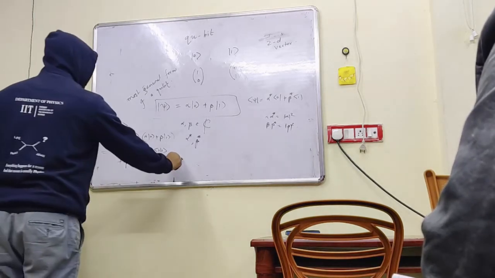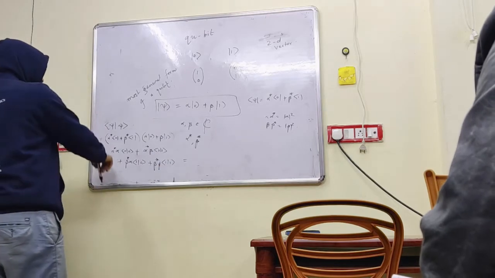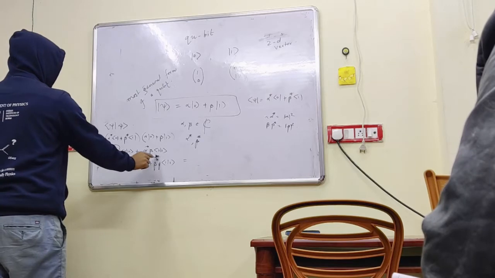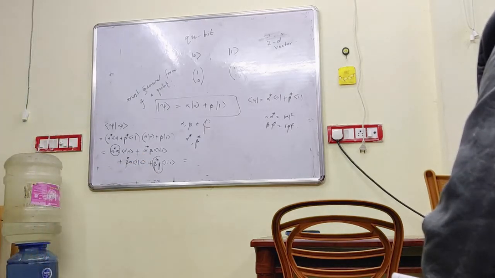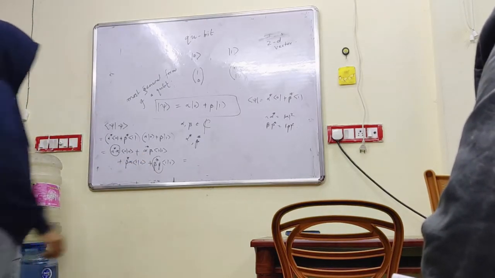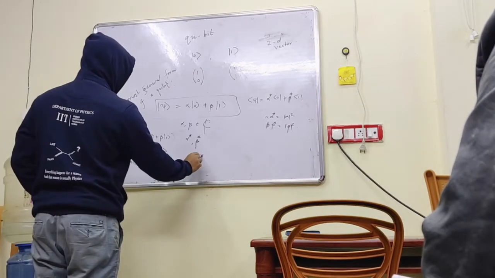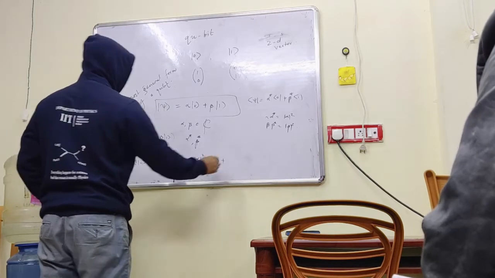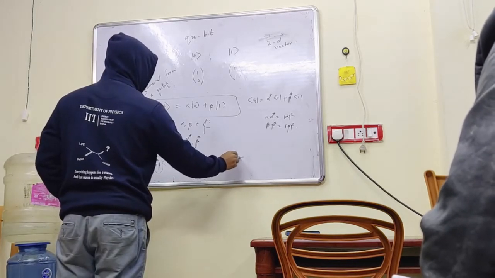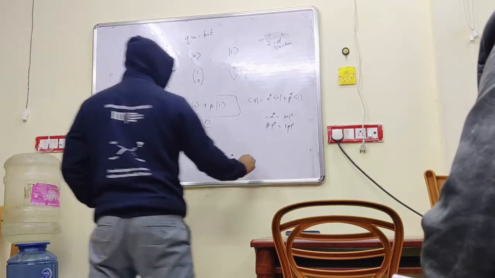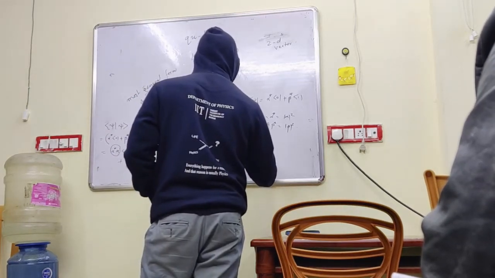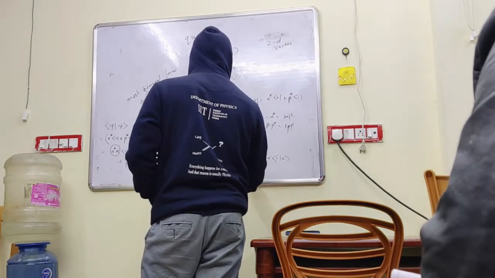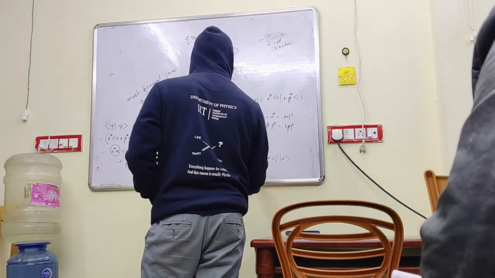Okay, this will give me this thing and this thing. I can replace them by alpha mod square and beta mod square, right? So alpha mod square 0 0 plus alpha star beta 0 1 plus beta star alpha 1 0 plus beta mod square 1 1.